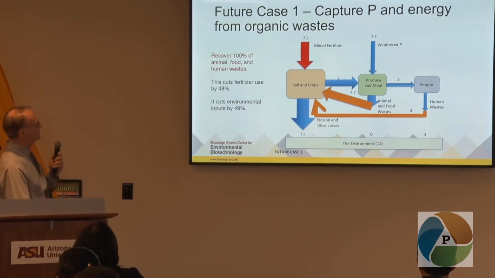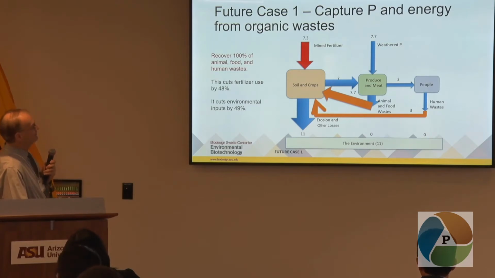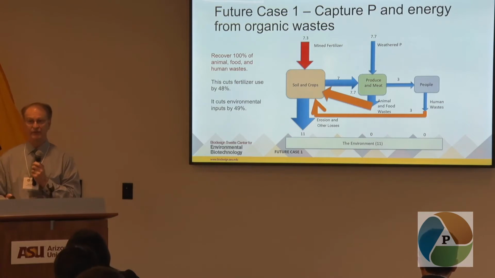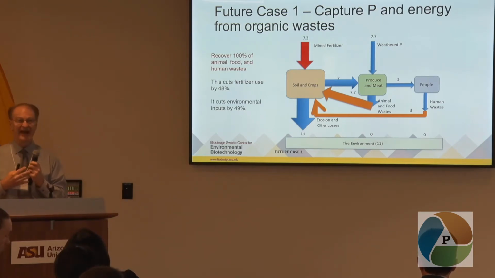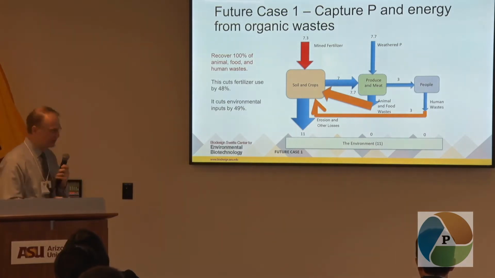So we're going to focus on how we can reduce the phosphorus flows to the environment by intercepting the animal and human waste with their phosphorus in them, capturing the energy and capturing the phosphorus at the same time. So we're going to get a double benefit.